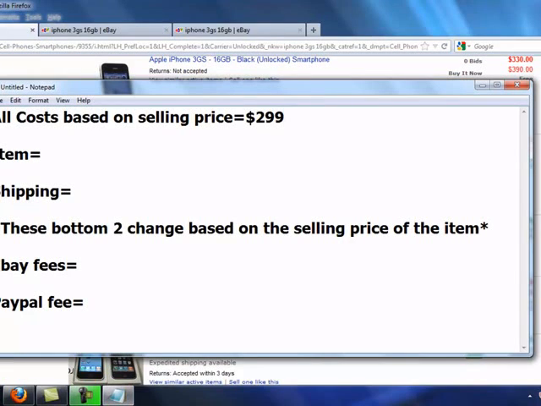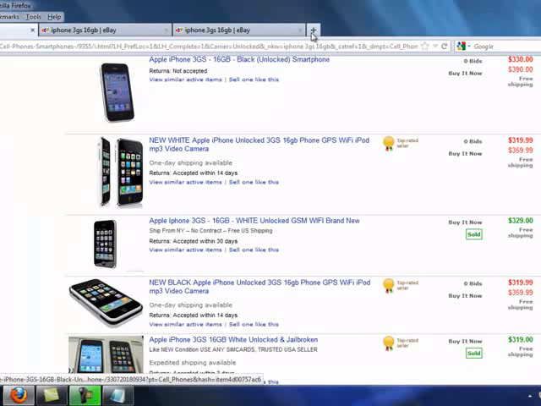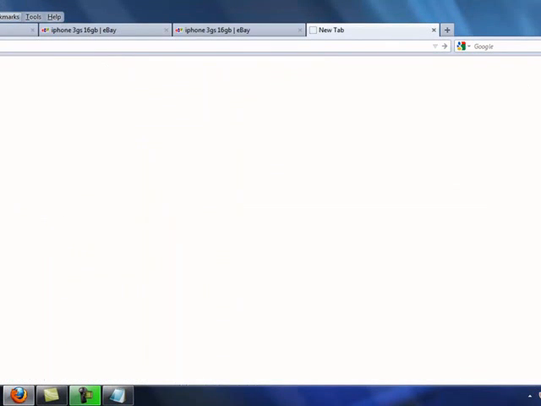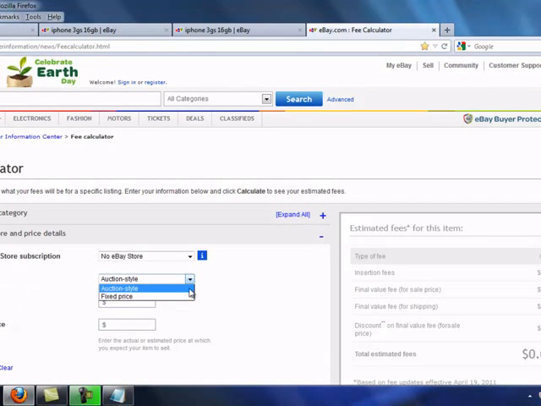So right now, I can go to the eBay fee calculator. Let's open it up in a new window. We click next. We're doing a Buy It Now, fixed price. Final sale price, $299.